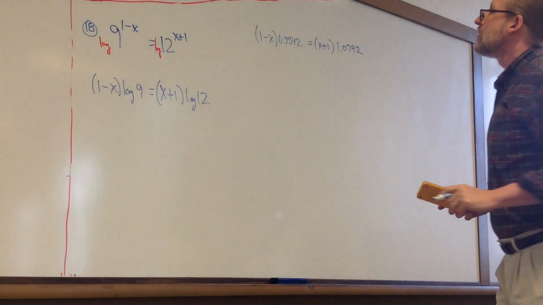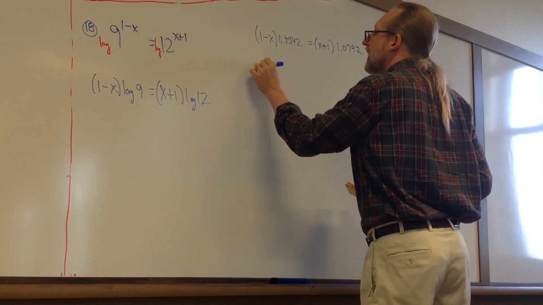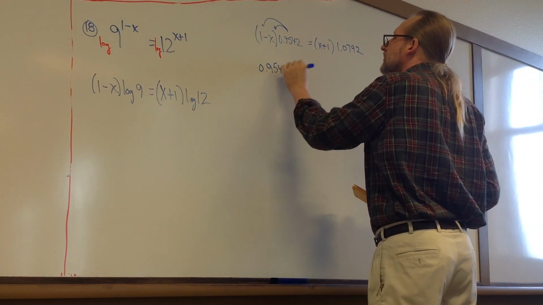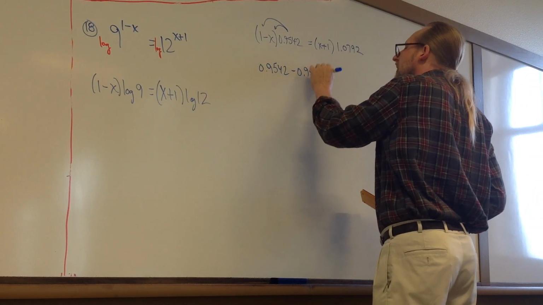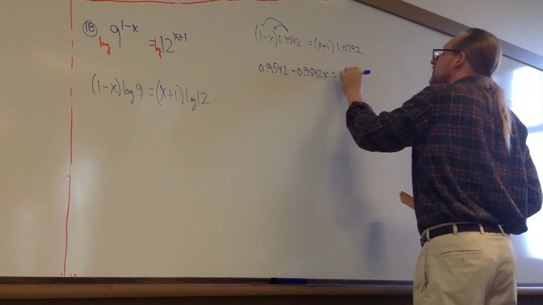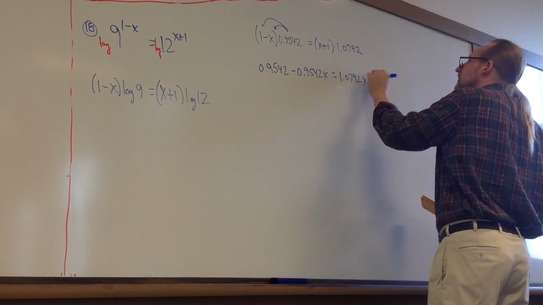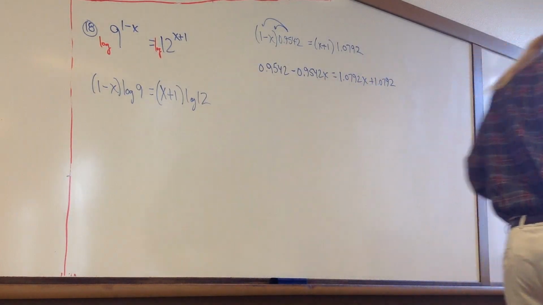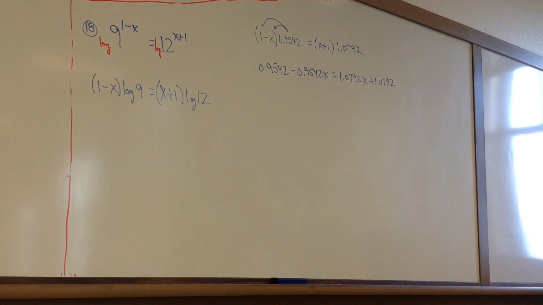Okay, so we'll distribute inside here. 0.9542 minus 0.9542x equals 1.0792x plus 1.0792. Okay, let's see here.